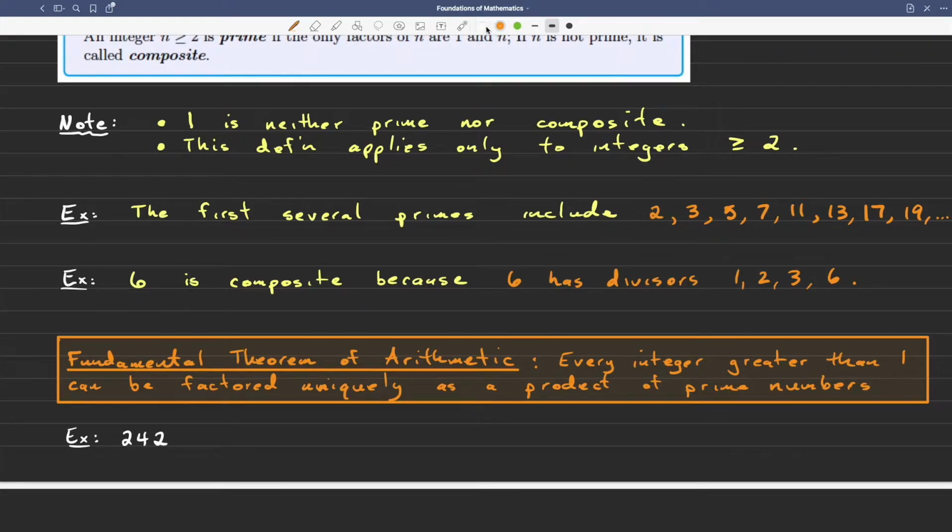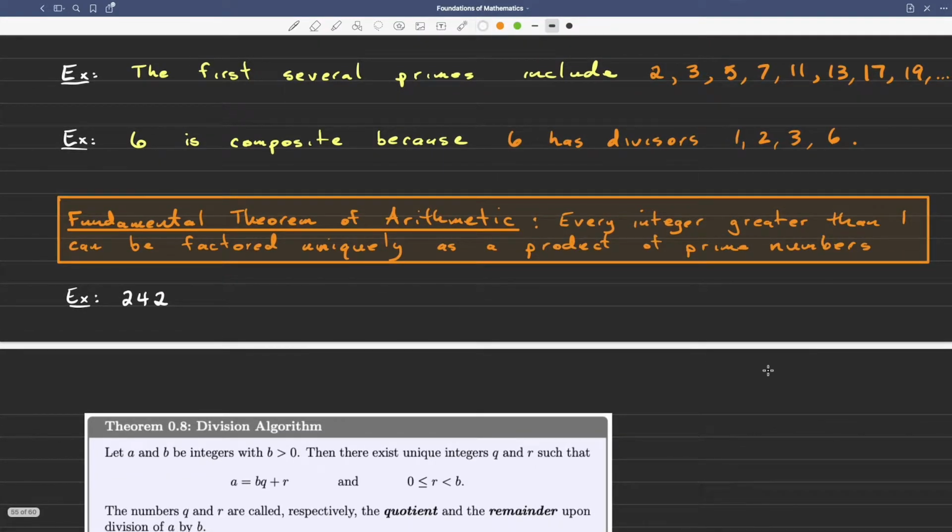So for example, 242 there at the bottom. How does that factor? Well, you may remember doing something like this when you were a kid. 242, you make a factor tree for it. I see that that's even, so I could do 2 into it. How many times does 2 go in there? 121 times. Oh, and then I recognize 121 is 11 times 11.